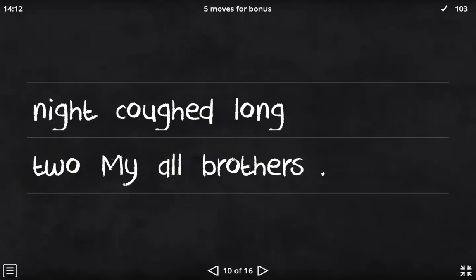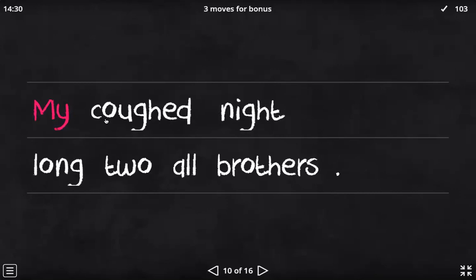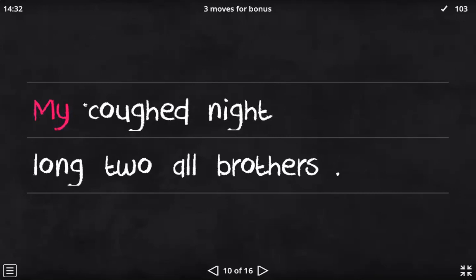Okay. And this one right here? How do we begin this sentence right here? Might cough. We're missing the subject.